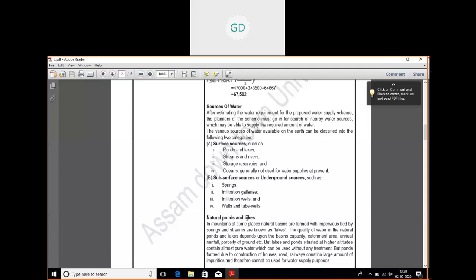Wells and tube wells also everyone knows. Then infiltration galleries and infiltration wells are constructed below the ground surface, nearby the river bank.